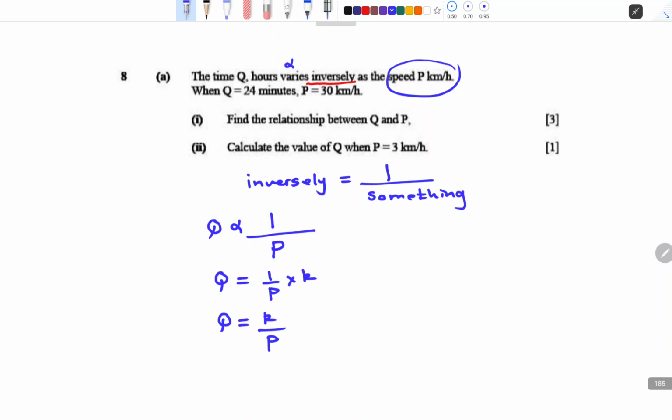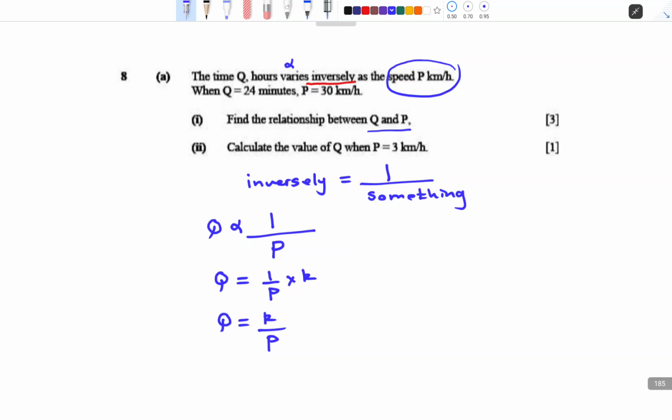Right. So if you read part A1 carefully, you can tell that the examiner wants you to give the relationship between Q and P only. They sometimes say Q, P, and a constant K, but in this case, they are saying find the relationship between Q and P, meaning to say they want you to give the relationship after calculating the value of K. So to calculate the value of K, you have to identify a complete set.